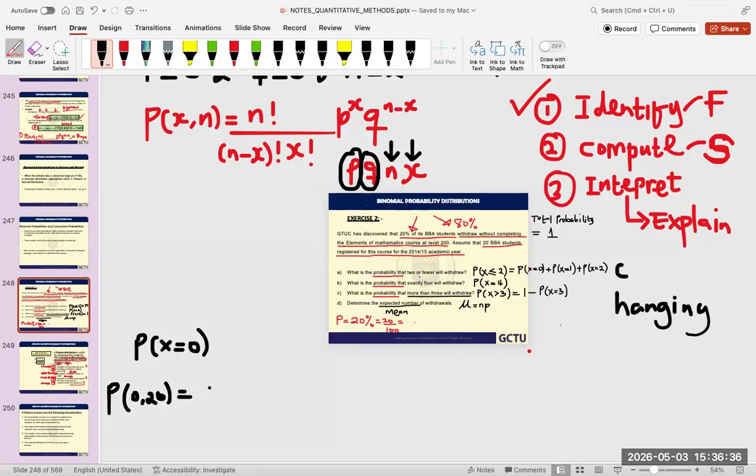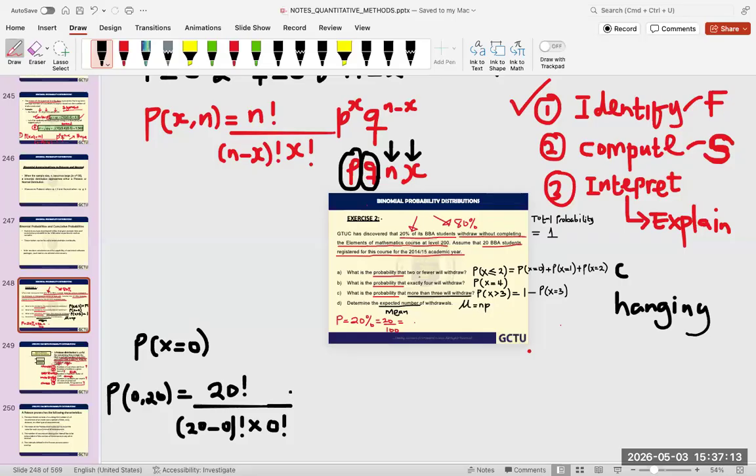It's equal to 20 factorial divided by 20 minus x, which is 0, factorial, multiplied by 0 factorial.